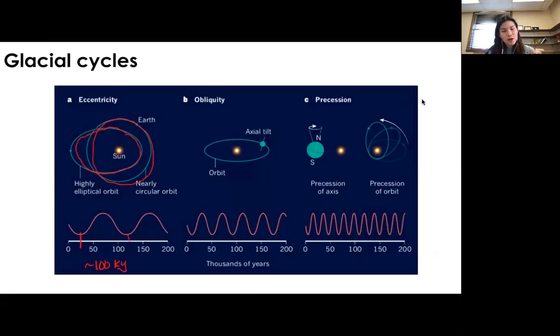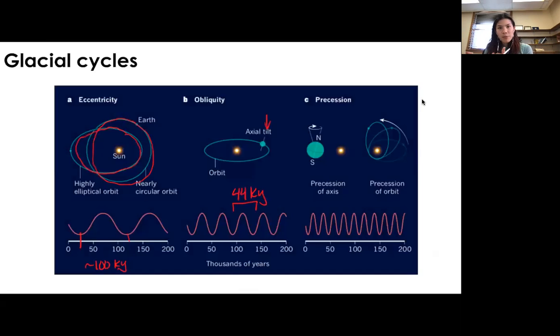And superimposed on that are the obliquity changes. That has to do with what the tilt of the Earth's axis is. So we are not standing perfectly upright on the Earth. Instead, we wobble a little bit on our axial tilt. And that axial tilt is going to change on timescales of about, say, 50,000 years, or 44,000 years, I believe, is what's more exact.